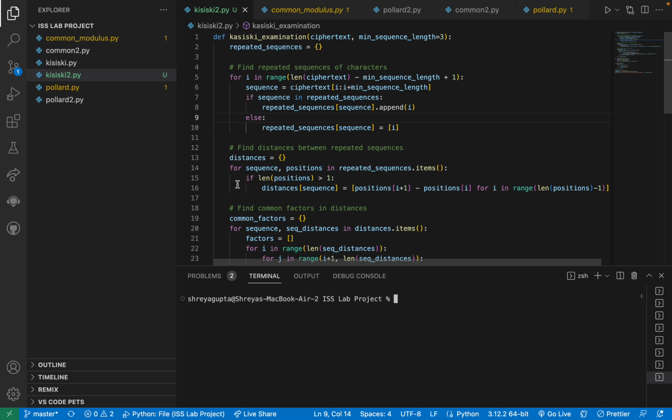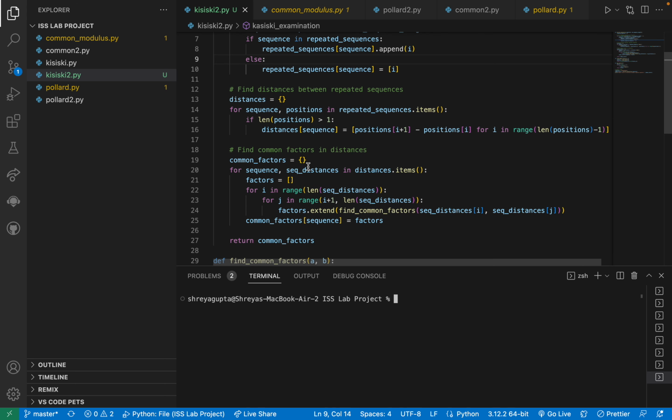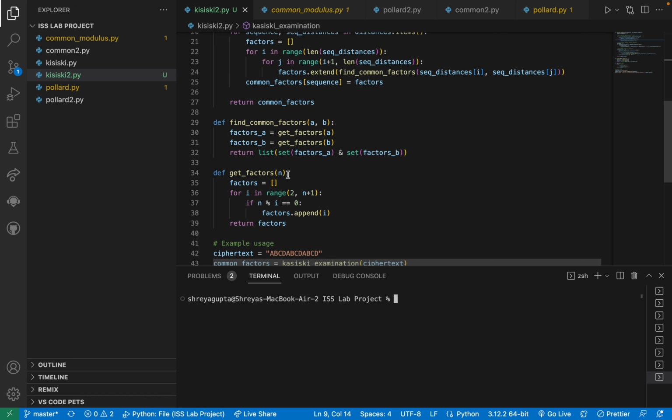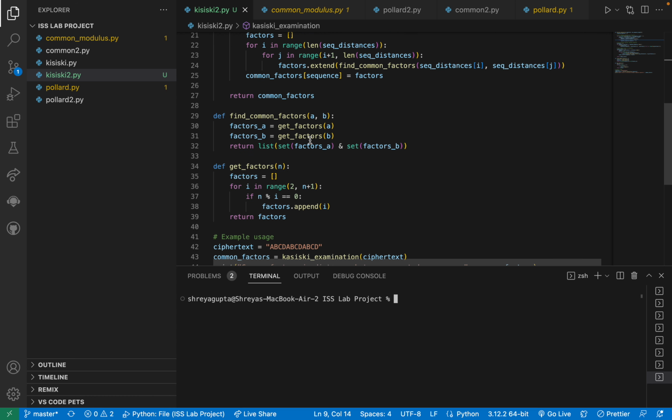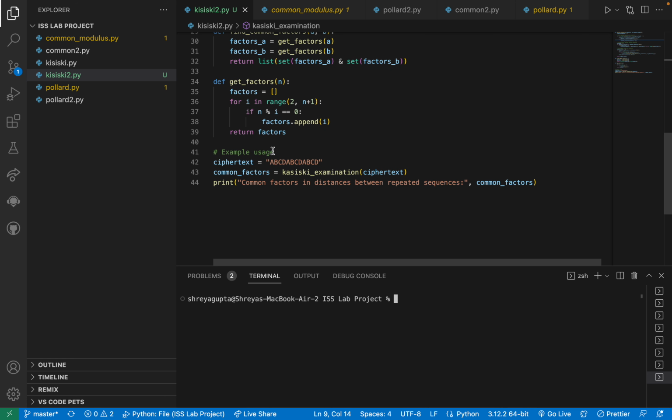The function returns a dictionary containing potential key lengths based on distances between repeated sequences. Then there is the common factors function, which calculates common factors between two integers a and b.